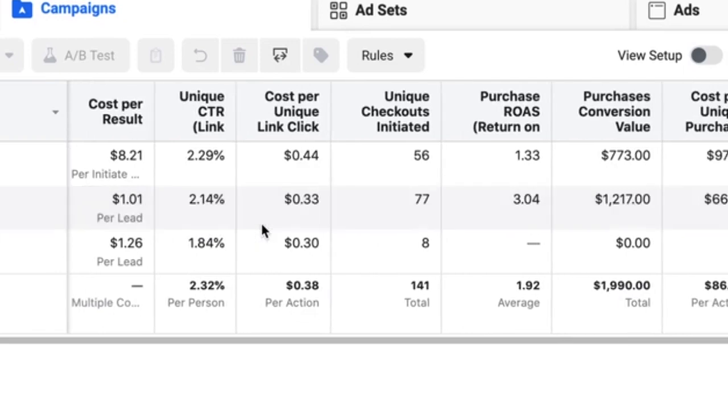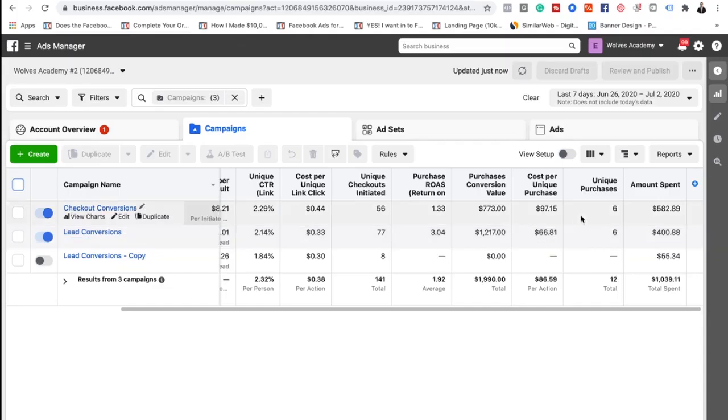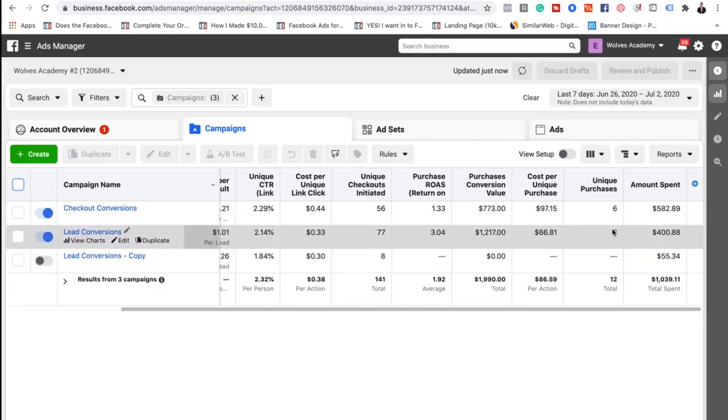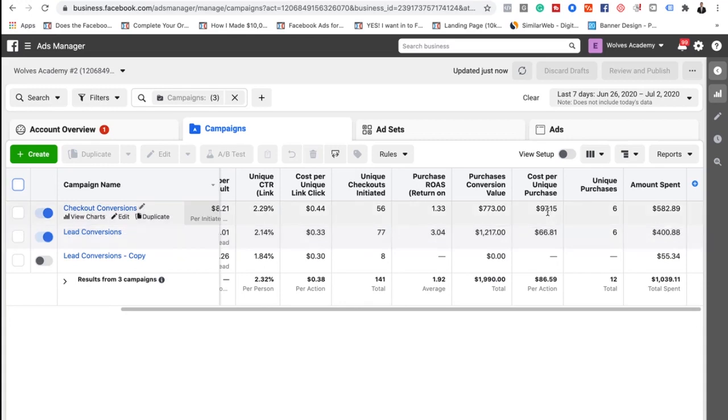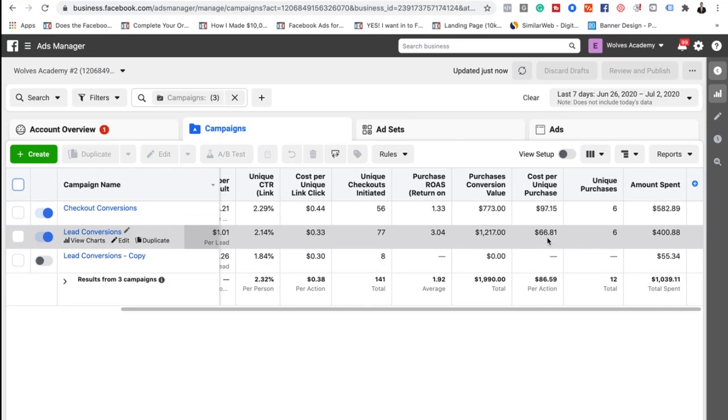And if we look here, I did get 6 purchases on each. So my cost per purchase is $97 for the checkout conversions, and $66 for the lead conversions over the course of the last 7 days. My goal is to get cost per purchase at about 60, so the lead conversions is right about where I'm trying to be. Revenue wise, if we divide it by 6, that's about $200 per purchase.